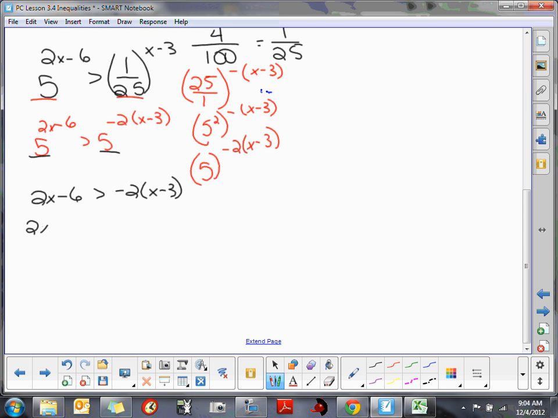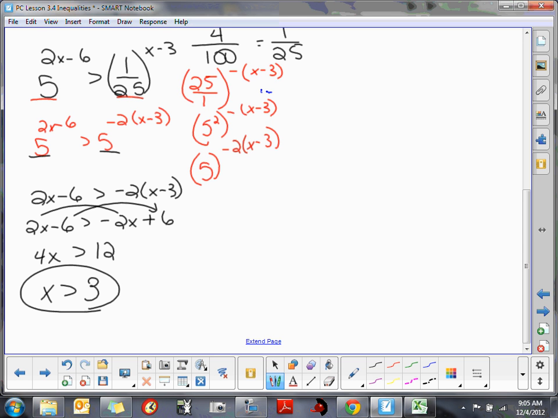So 2x minus 6 has to be greater than negative 2x plus 6. Getting the x's on the same side, we've got 4x has to be greater than, and getting the 6 on the other side, you have to add it, gives us 12, which means x has to be greater than 3. So algebraically, as long as we have a value of x that is greater than 3, we'll find a solution that will solve the initial inequality.